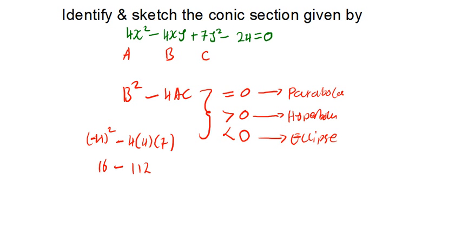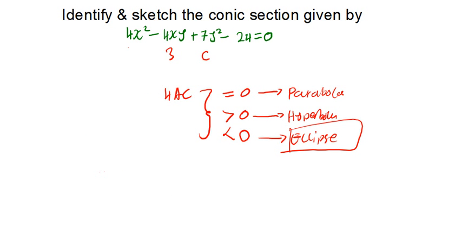So 16 minus 112 gives you minus 96. Minus 96 is less than 0, it's negative, and hence what we are supposed to get is an ellipse. So at least we know the type of conic we are dealing with even before we go very far.